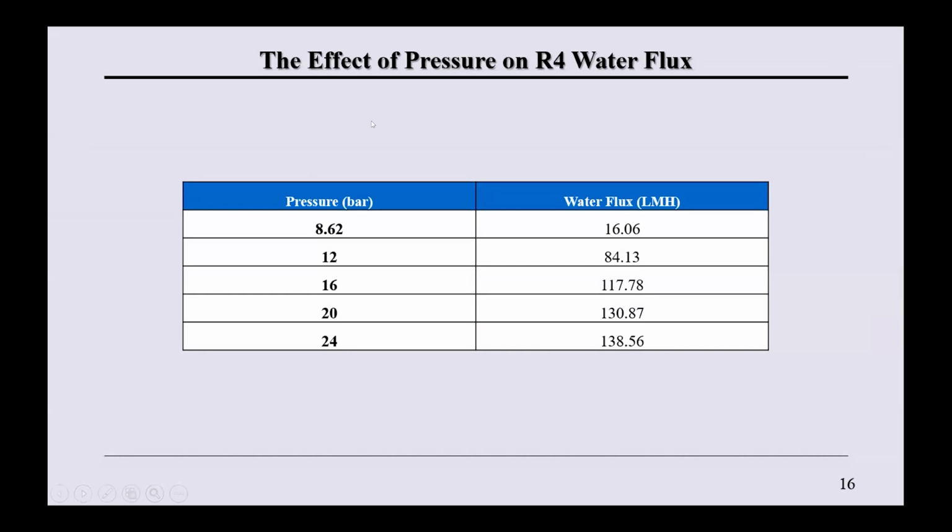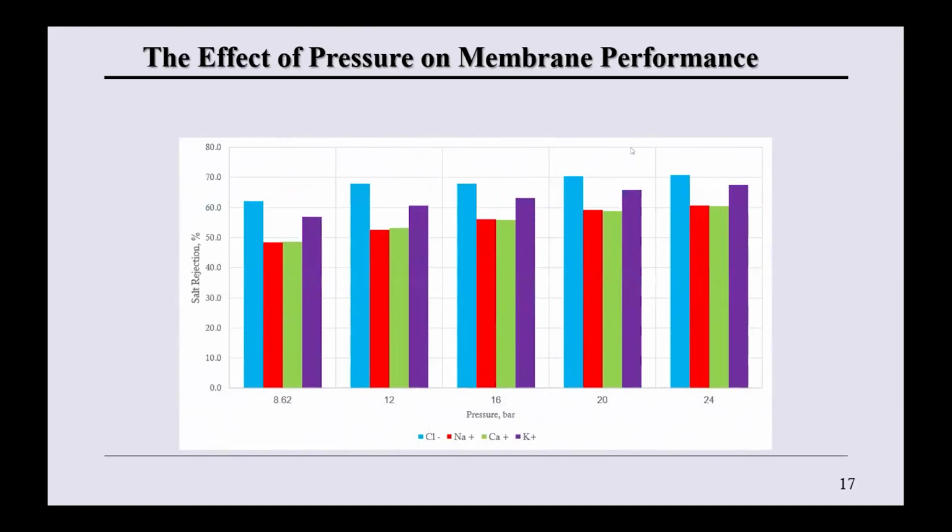After that, we studied the effect of pressure on R4 water flux, with pressures ranging from 8.62 to 24 bar. The chart shows that increasing the pressure increases the water flux and increases the removal of the salts in the water.